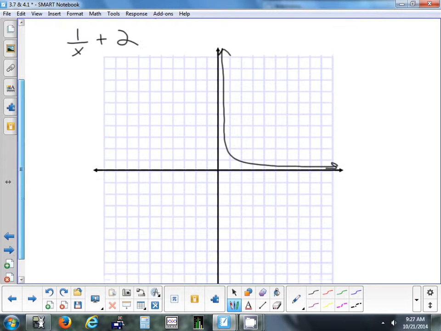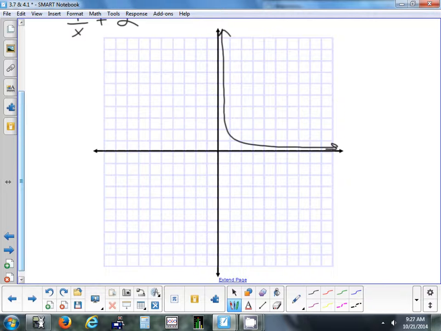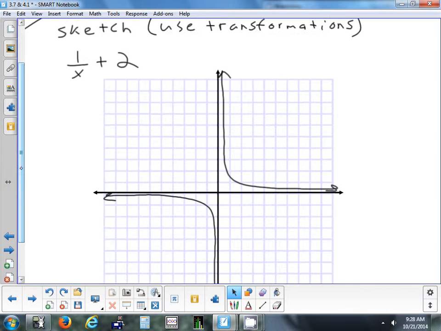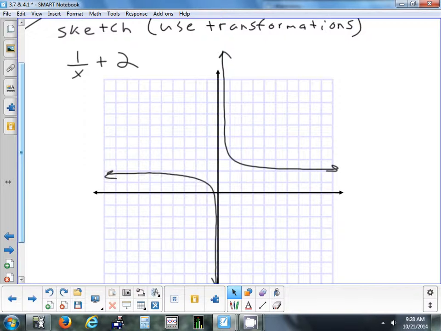Okay, so there's the first part, and the second part. You just try to draw it the best you can. That would be the graph of 1 over x, and now that whole thing is being translated up 2 units. So about right there, and about right there.